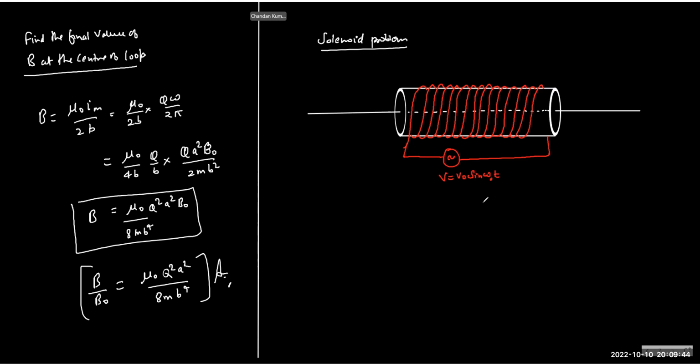So now, let R be the resistance of the solenoid wire.